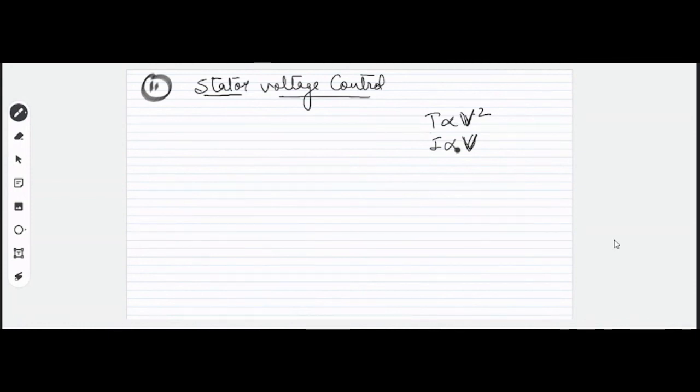So if we reduce the voltage, the speed is going to reduce along with the torque. Both will be reducing. That's why this stator voltage control method is suitable for those applications where the torque demand decreases with the decrement in the speed.